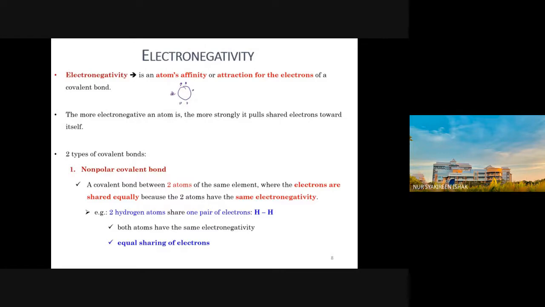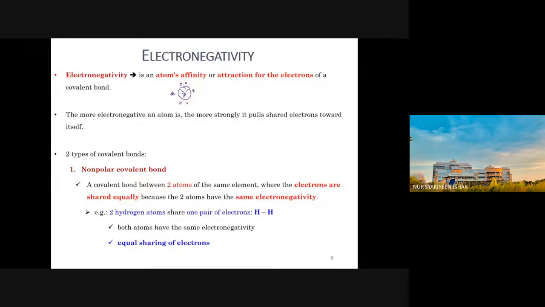So the electrons of the oxygen atom will be attracted more to the proton at the center, because the more electrons the atom has, the more electronegative the atom is.